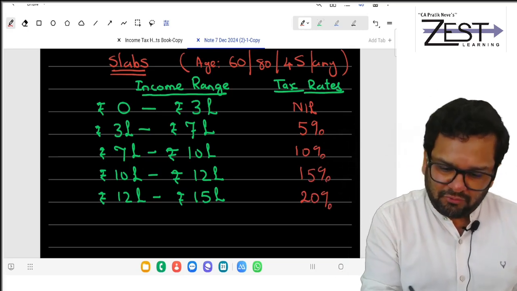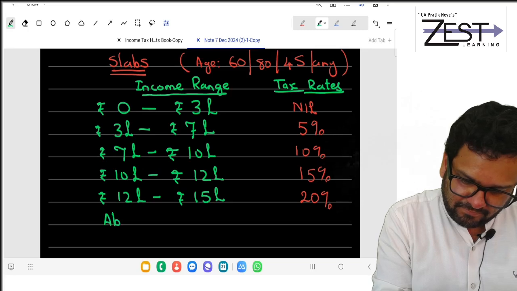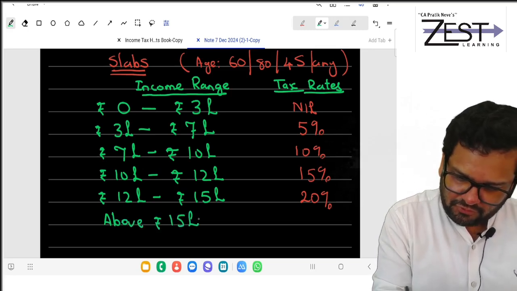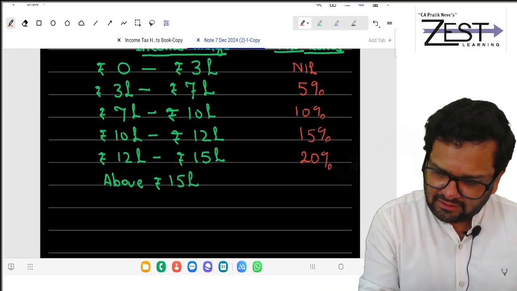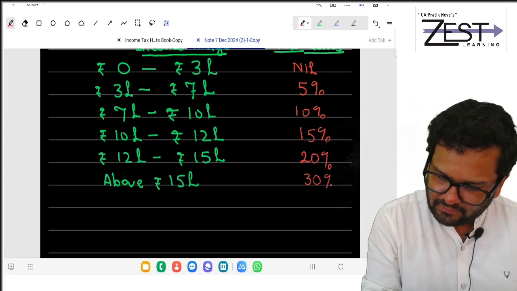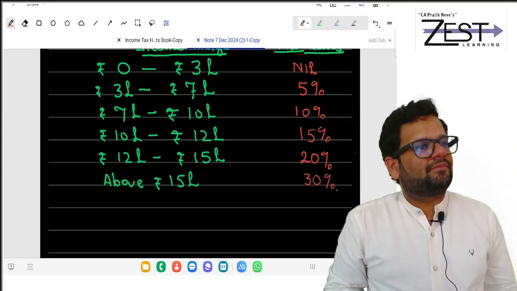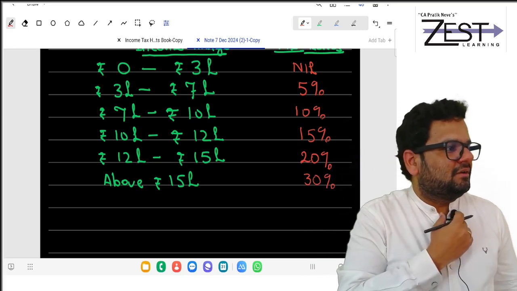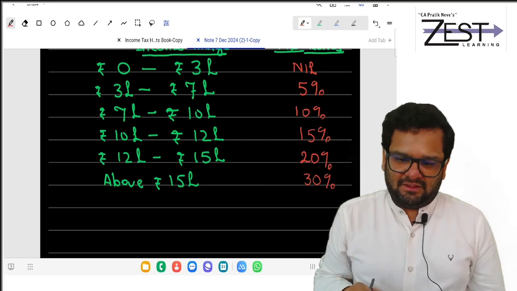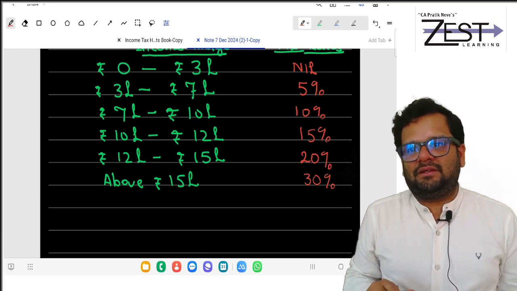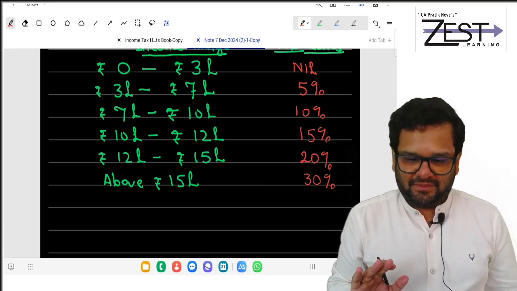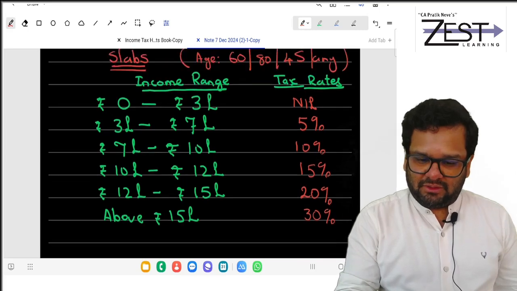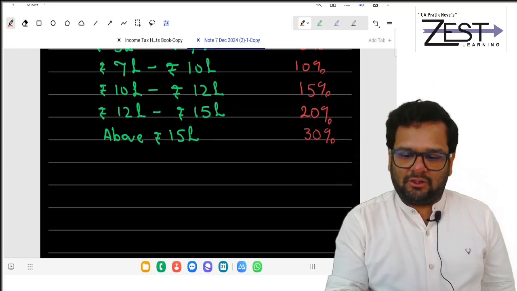Now when you go above 15 lakhs, the tax is at 30%. So there is no 25%. Remember that. 5, 10, 15, 20, 30. Clear, all of you? These are income ranges. So let's see now how to go ahead and do calculation.